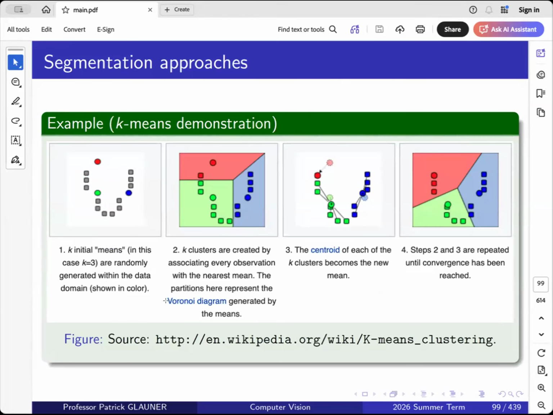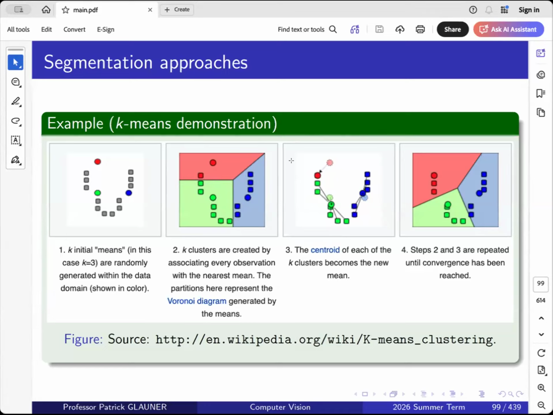And now I assign each of the observations to the closest center. So this observation gets assigned to red, all of these here to green, and all of these to blue. Now I have done the first inner loop. I have assigned each example to a cluster.